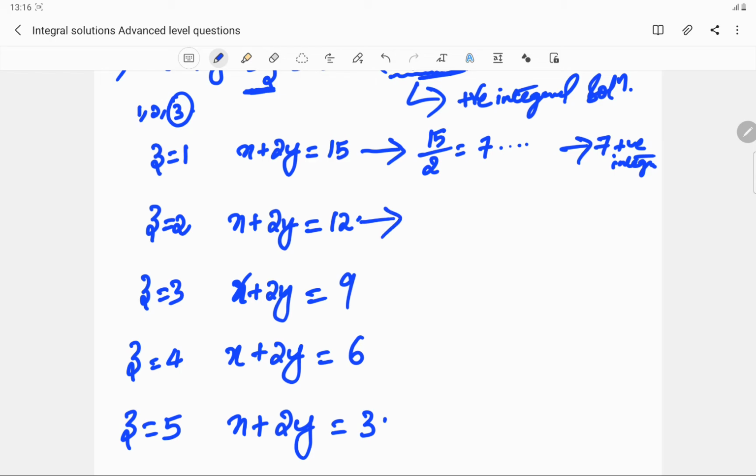And in this case x plus 2y is equal to 12. Both are factors of that, so you are going to get 12 divided by 2. So this is 6. 6 means there would be 8 non-negative integral solutions and 5 positive integral solutions.